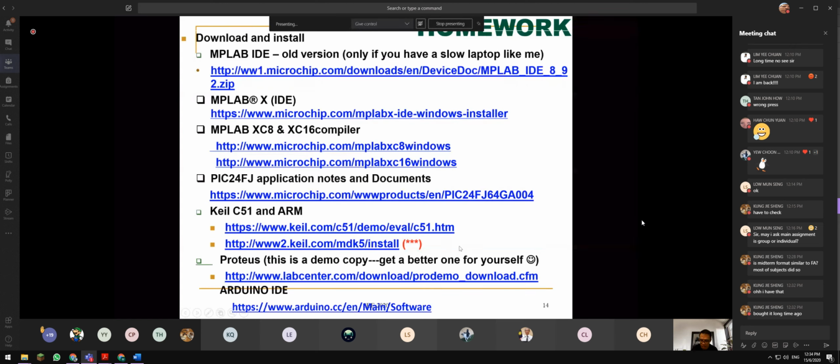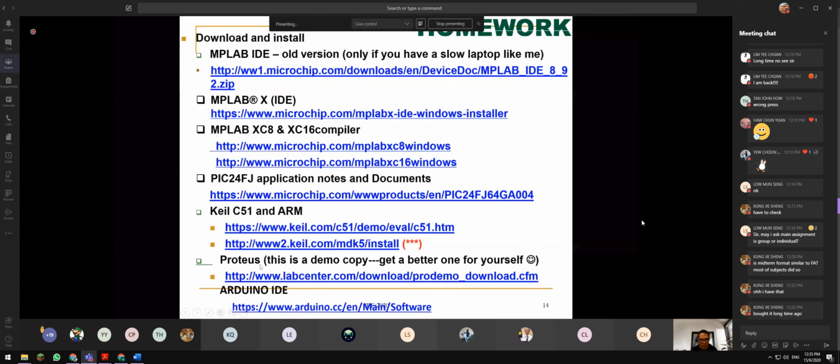It's free, but of course there is some limitation. It's just the code size, but the code size is enough for all of you as students. Please download and install. I don't think you will face any problem when installing Keil uVision, but you might encounter a bit of problem in installing MPLAB X and the C compiler.